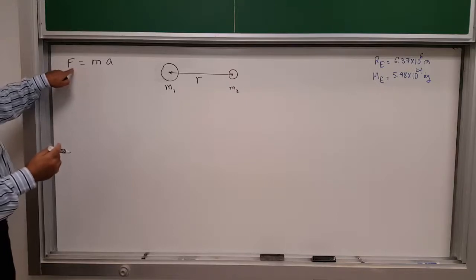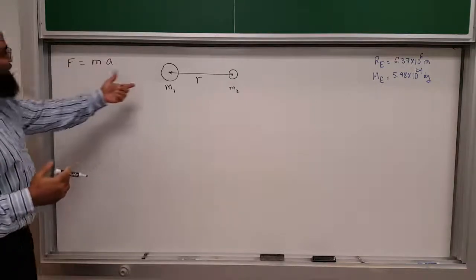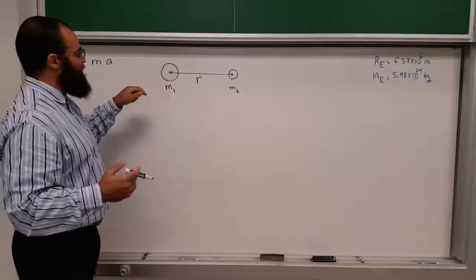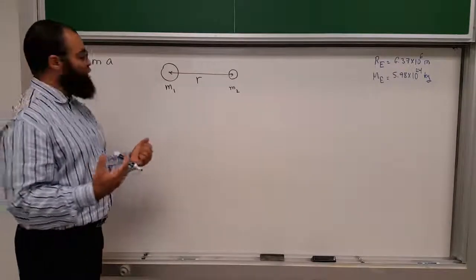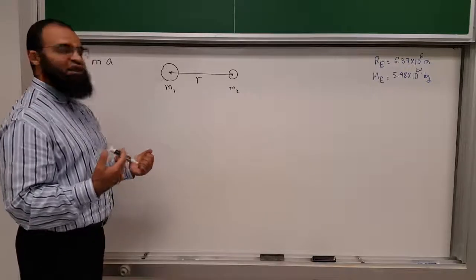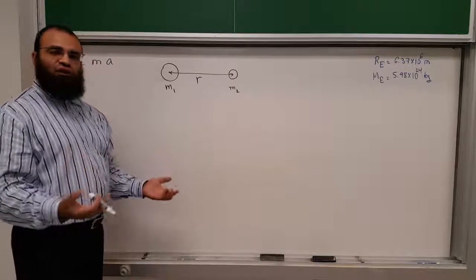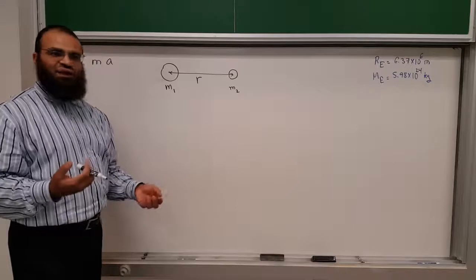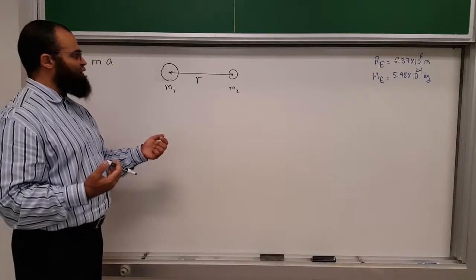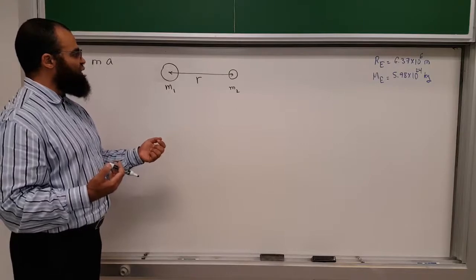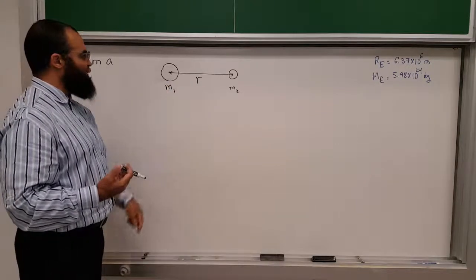So what is the force in this case? I mean, there is no string connecting the objects, there is no spring, there is no normal force, there is only the force of gravity. And the question is, how much is it? The force of gravity on Earth is mg, and g is about 9.8 downward. But this is not that force, because we're not on Earth. In fact, it's the Earth that's being pulled.